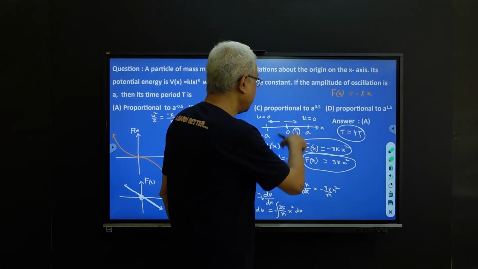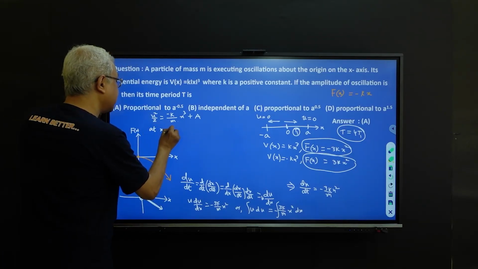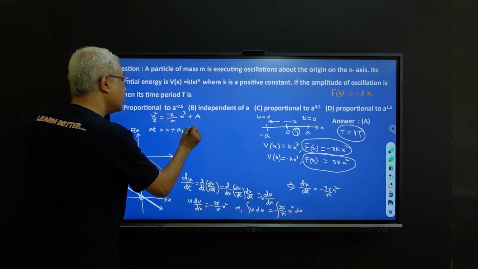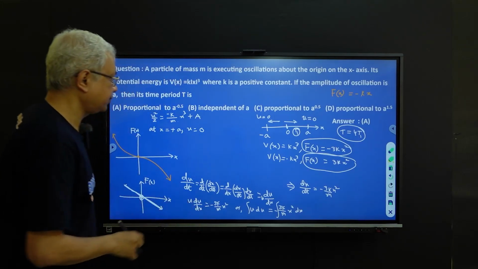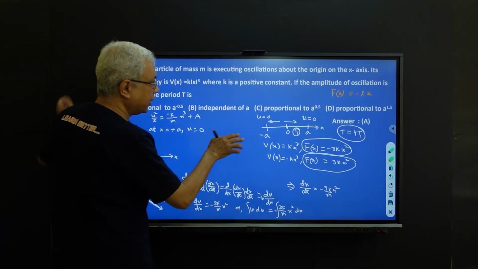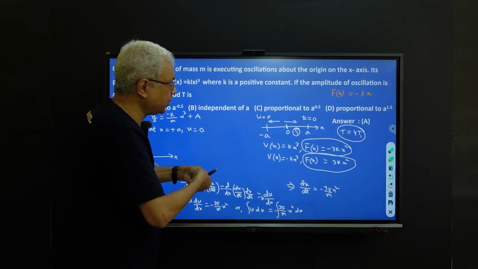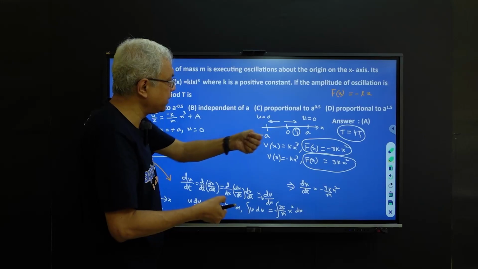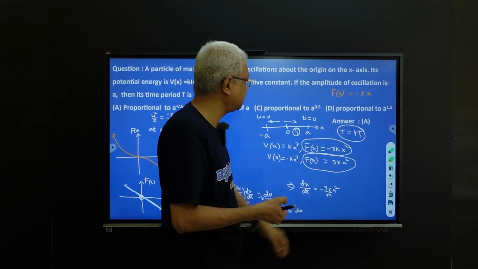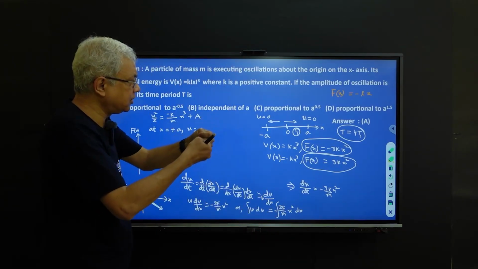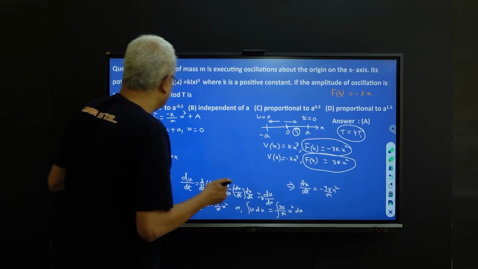Now we have already discussed that at x equal to plus A, u becomes 0 because A is the amplitude. So as the particle moves along the positive x-axis, there is a restoring force or retarding force which tries to bring the particle back to the point of equilibrium O. As a result, retardation is produced and its velocity decreases, and when it reaches A, the velocity becomes 0.